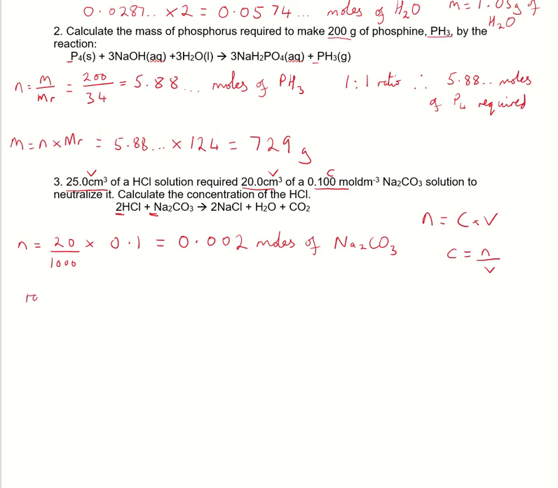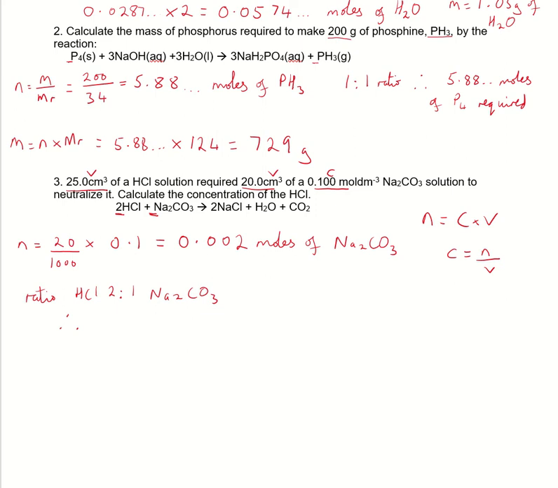Now, ratio. So for every 1 sodium carbonate mole, it will take out 2 HCl moles.